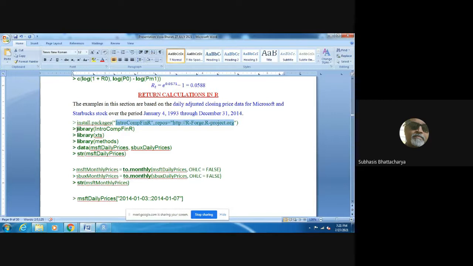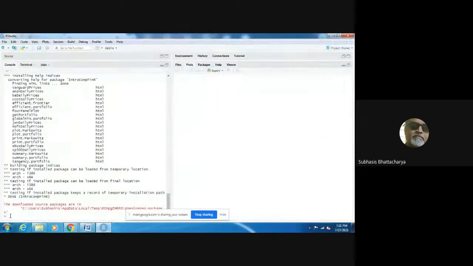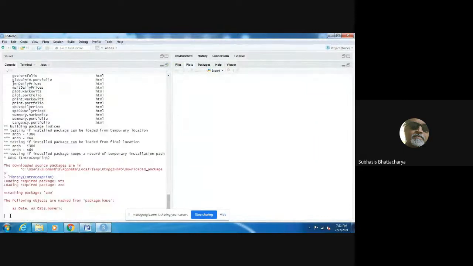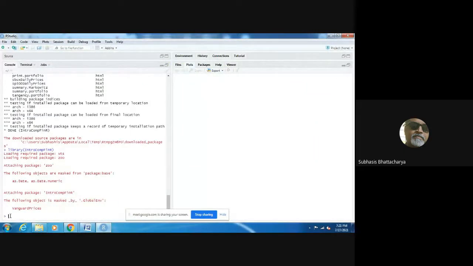It is the rule of R: if you load the library, it becomes open. Otherwise your package's data is not opened. When you put library(IntroCompFinR), then the data becomes available.